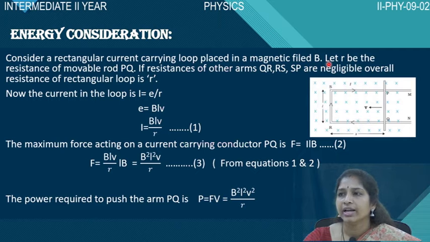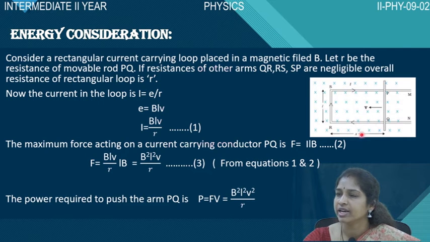Here let us consider R is the resistance of the movable rod PQ. We have discussed already, this is a movable rod, it is not fixed. It can be moved in the magnetic field with a velocity v. So R is the resistance of that movable rod.